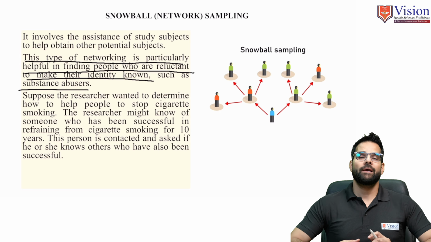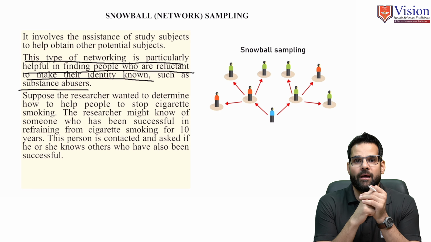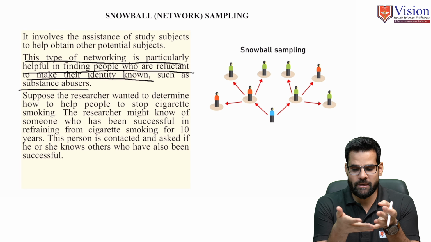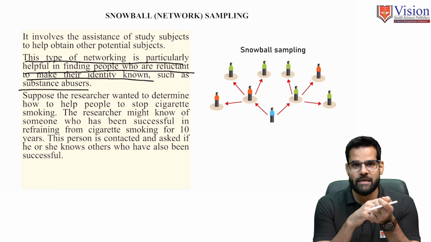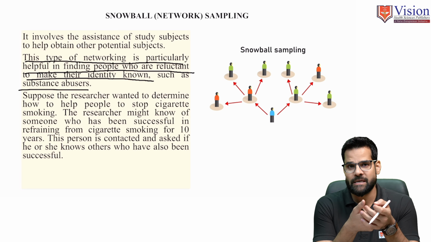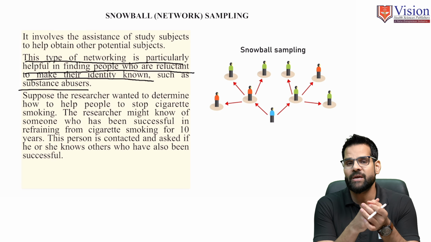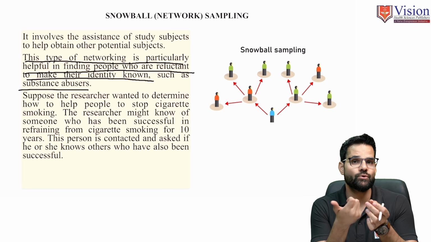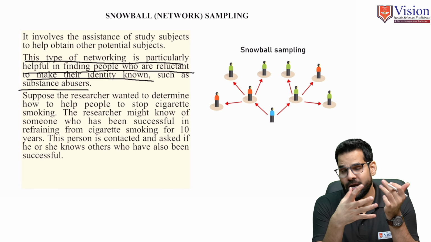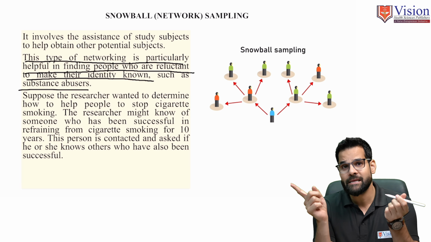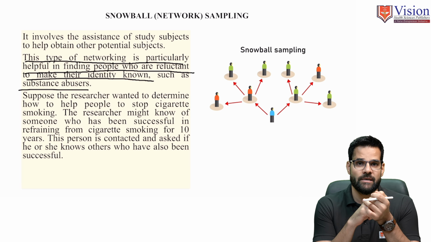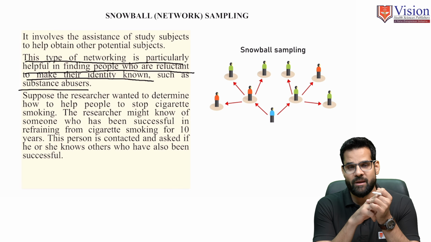For example, you want to study substance abusers. This is considered a social evil, and people will never try to disclose it. Suppose I get one subject and interview him. I can request him, can you suggest another person who is also an abuser? Because that person is giving me a reference, I gain confidence, and that person may participate in my research.